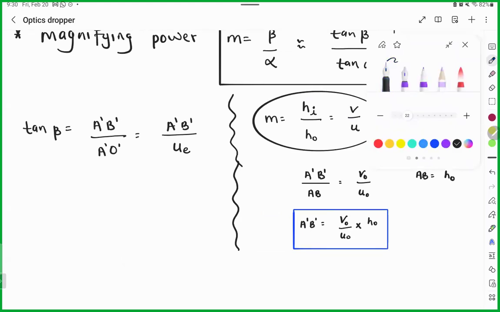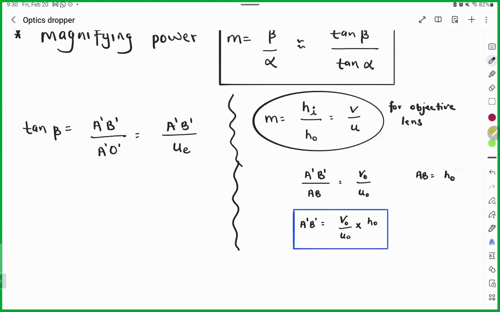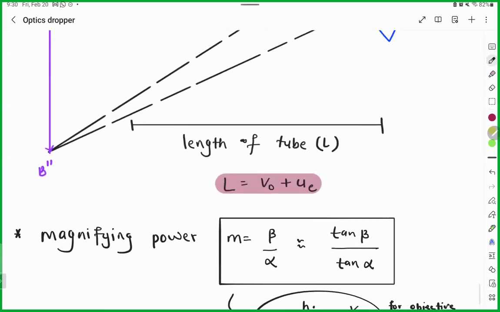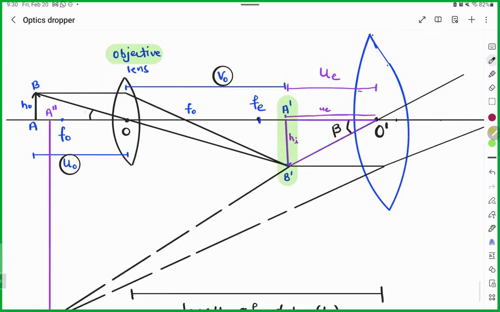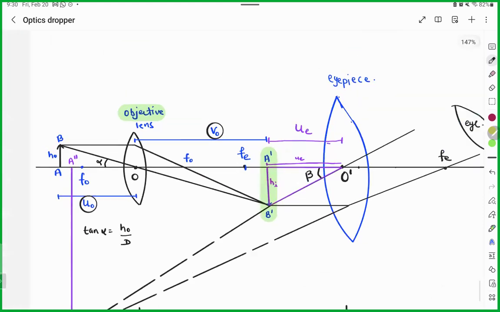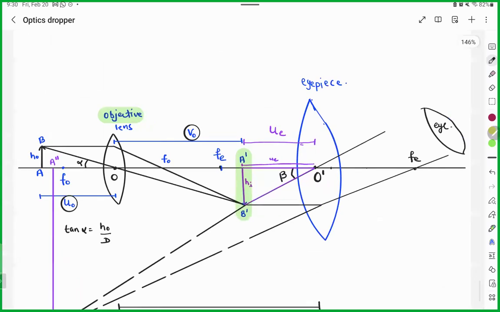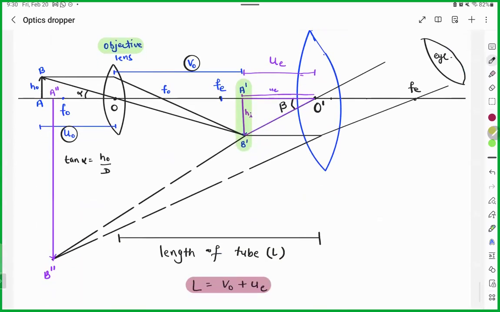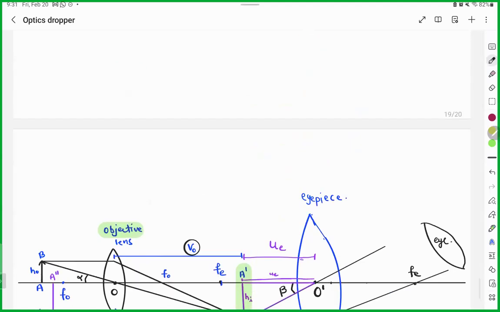If you calculate your magnification, what will be tan alpha value here? We wrote the same thing above. Sir, will it be H naught by L? D, because this is the distance, no? Or U naught, same thing. I wrote it here.